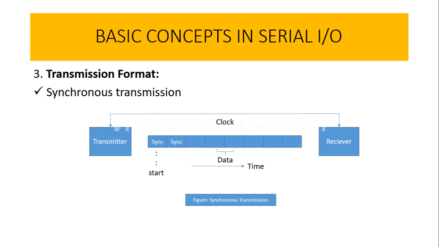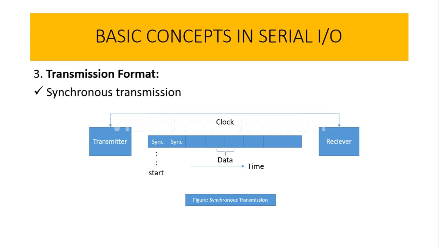When we talk about synchronous transmission or synchronous format, as you can see here, the transmitter and receiver are synchronized, and we transmit a block of characters along with the synchronization information.